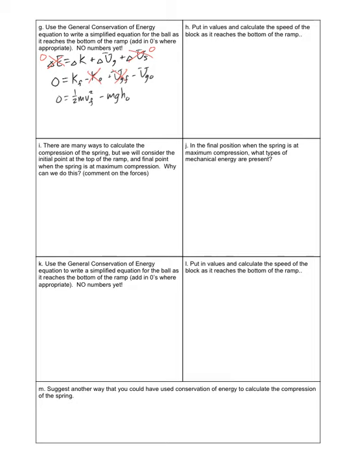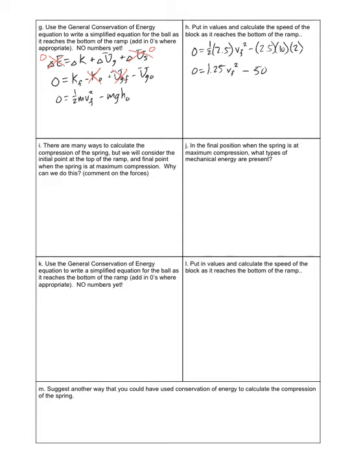All right? So we go 0 equals 1/2 times 2.5 kilograms times that final velocity squared, minus again 2.5 times 10 times the height, which was 2 meters. And we can now work through that. 1.25 v_f squared minus 50. 2.5 times 10 is 25, times 2 is 50.